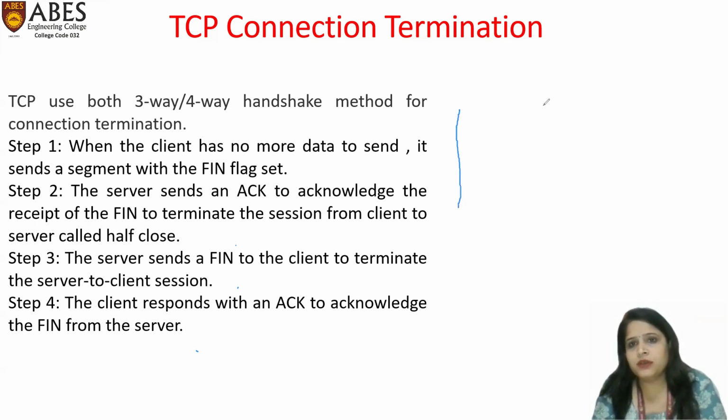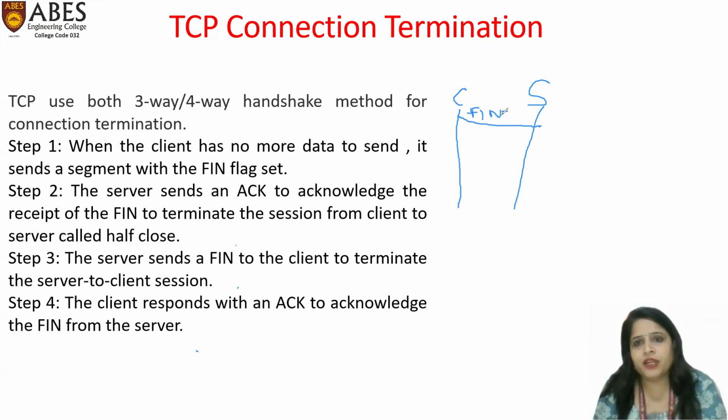Let us suppose we have a client A and a server B, and the client wants to close the connection with the server. First the client sends a FIN segment with the value 1 to the server to inform the server that I want to close the connection because I don't have any data for further transmission, right?